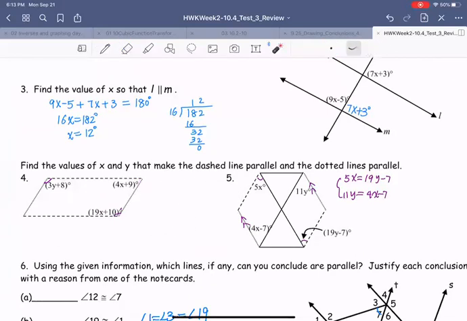I want you to look at number 4 and tell me what two equations you want to have. What two equations do you want to write down? A system of linear equations between x and y.